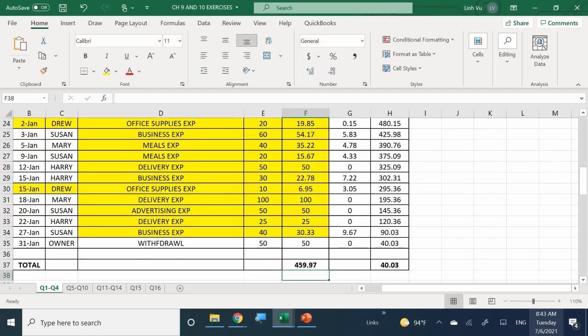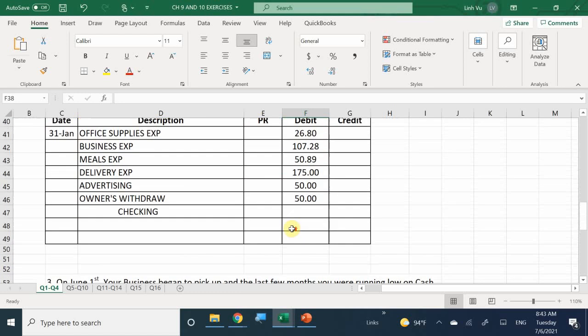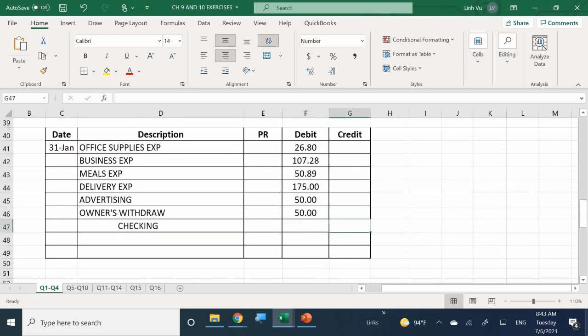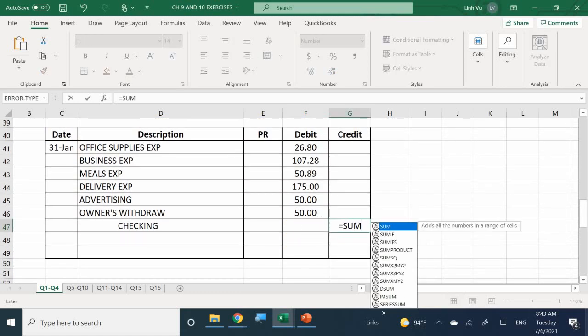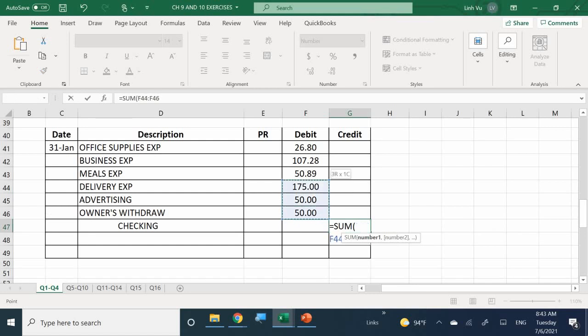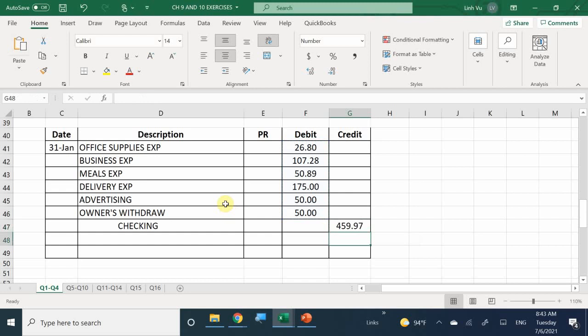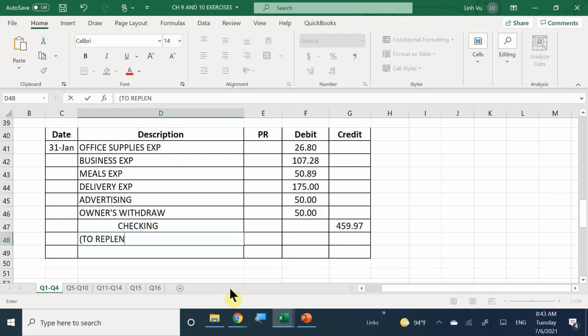Plus, we have $40.03 worth of cash left remaining in our petty cash drawer. So in this case, how much is going to be my total check? $459.97, right? And then I'm going to write here to replenish petty cash drawer.